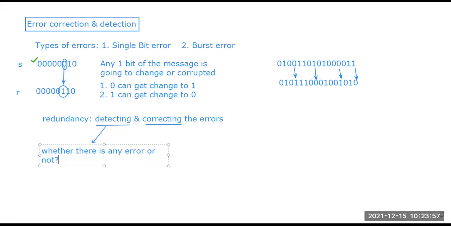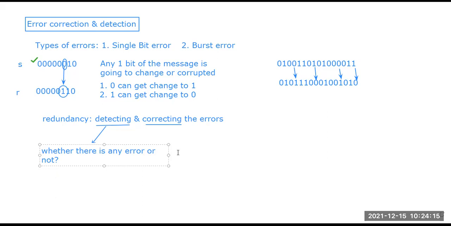So in the error detection process, we only detect whether there is an error or not. And in the process of correction, we need to know exactly the number of corrupted bits and also the location of those bits in the message.